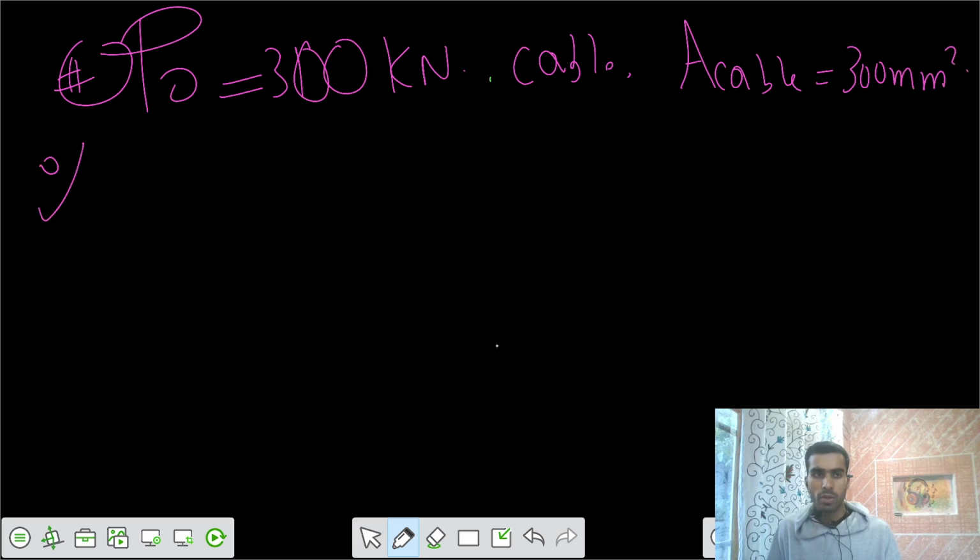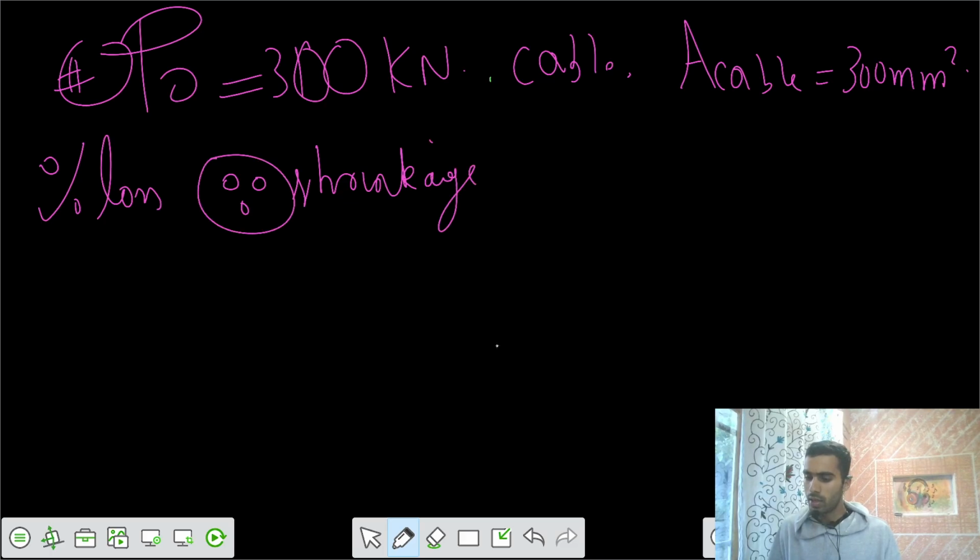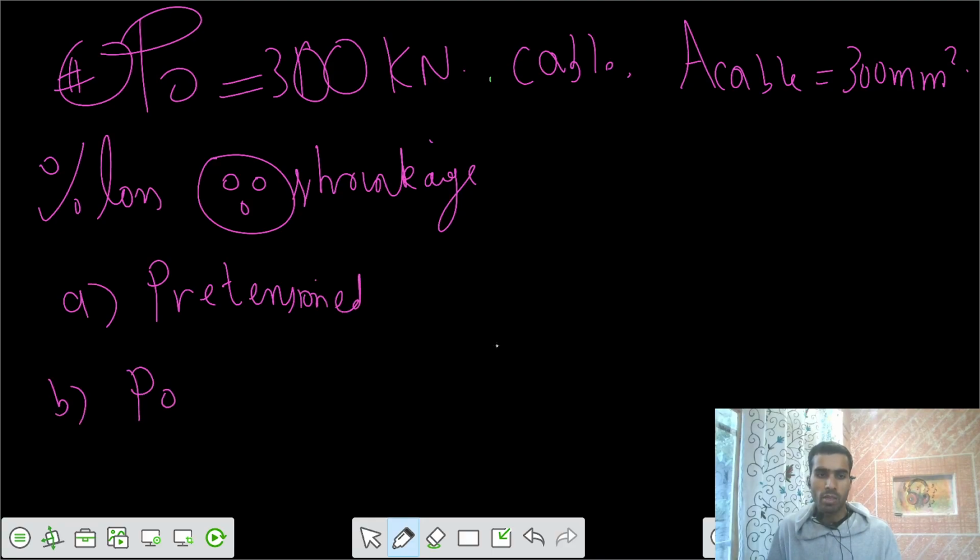You need to calculate the percentage loss of stress because of shrinkage. The first case is if the beam is a pre-tensioned beam, and the second case is if the beam is a post-tensioned PSC beam.